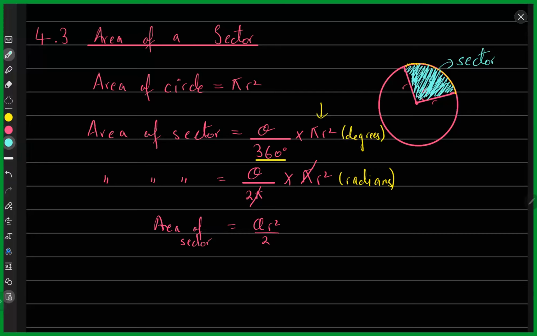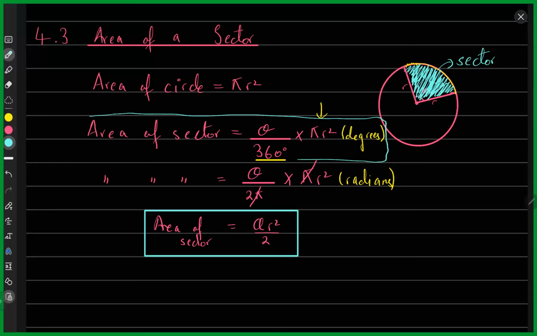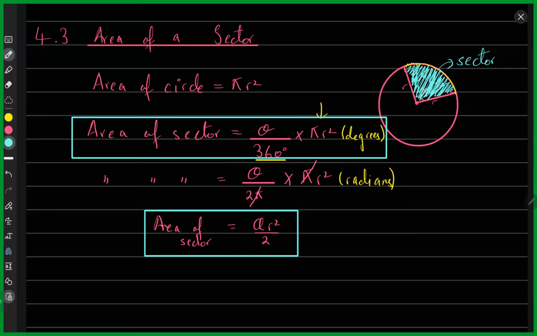Okay. So by the end of this discussion, we have two formulas here. This is the first formula, and then this is also a formula. It totally depends upon whether the angle is in degrees or in radians. These are the two formulas that we need to consider. All right.